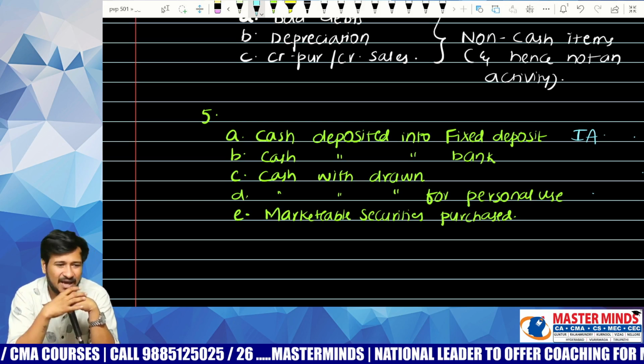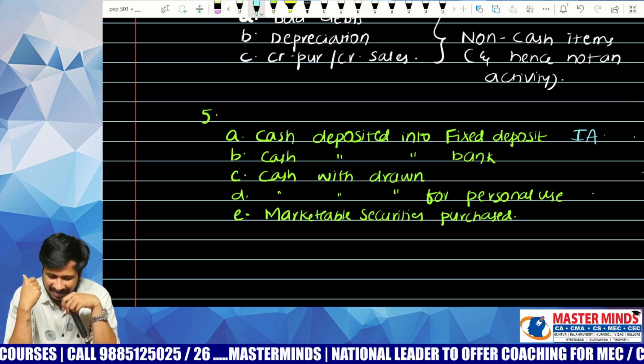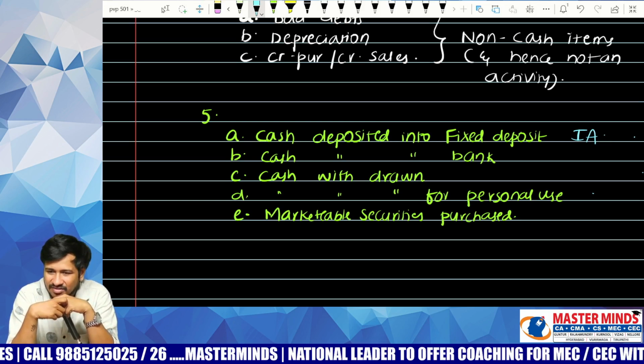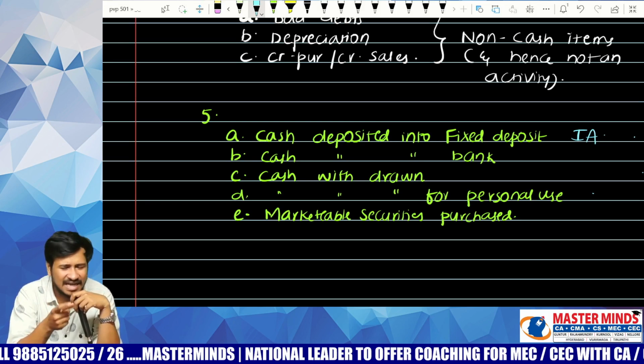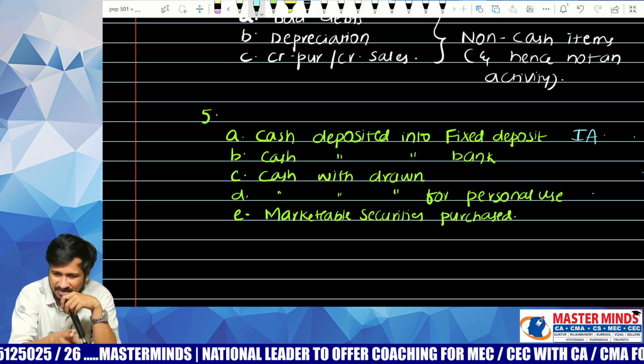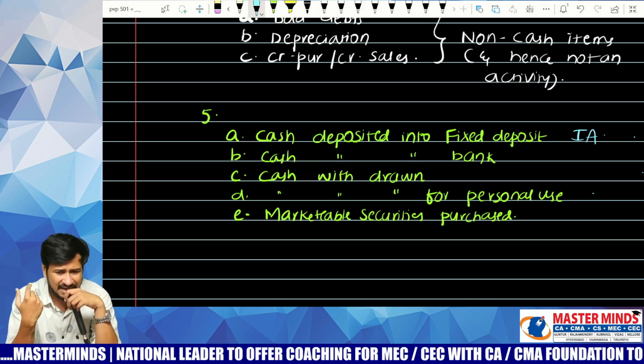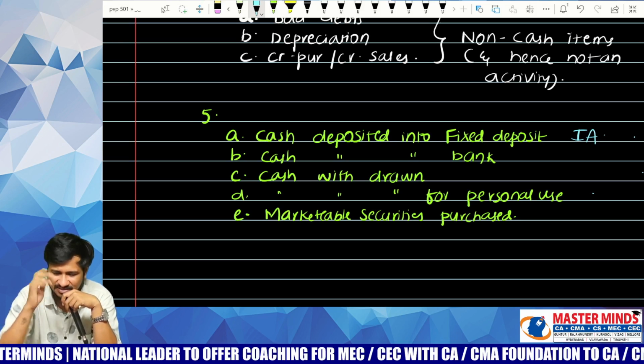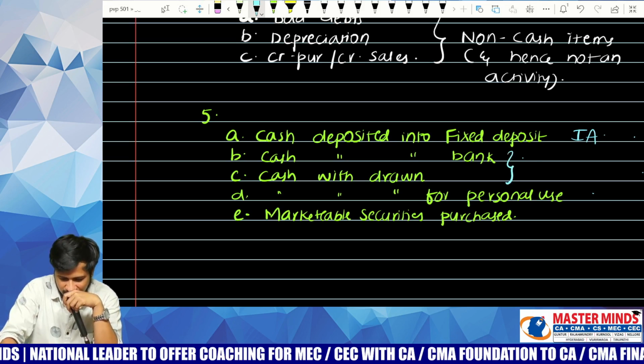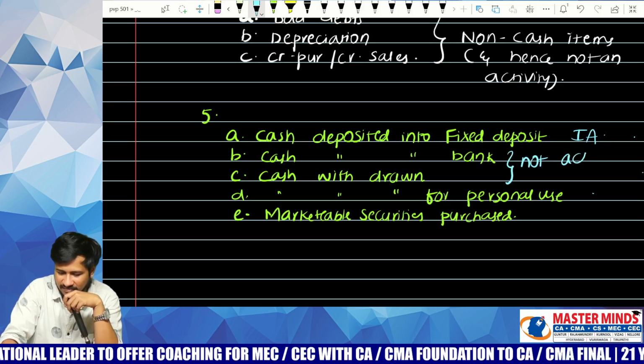Financing is something like capital. So if cash is deposited into bank, for what is that? Cash is also cash, bank is also cash. Cash is withdrawn from the bank, let it be, bank is also cash, cash is also cash. So these two things are not activity.